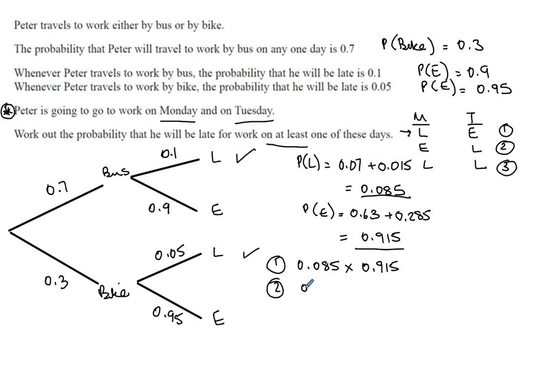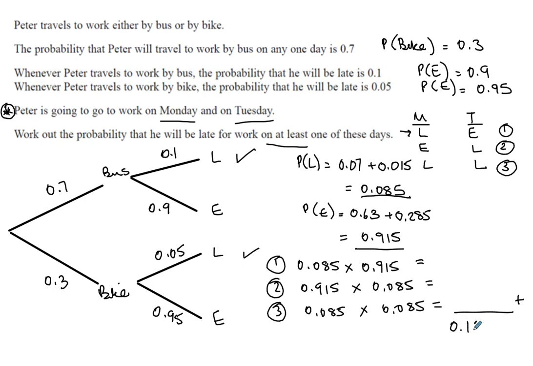Early, so you know it's just the other way around, times 0.085, or late on both days, so 0.085 times 0.085. And then if you put those all in your calculator, and you know you have to add because it could be that or that or that, you get this really long number.